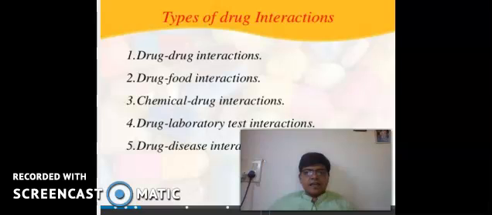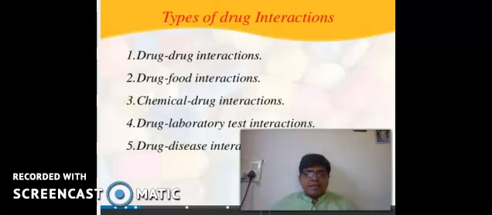First, drug-food interaction: as we know, there are many drugs that should not be taken with milk. Many antacids that we take on a fasting stomach may have their action reduced due to food.